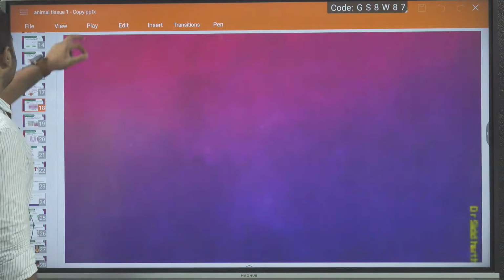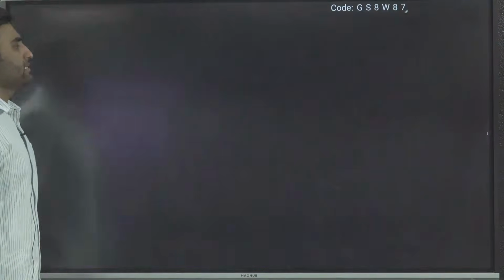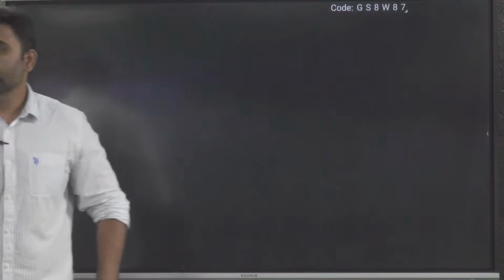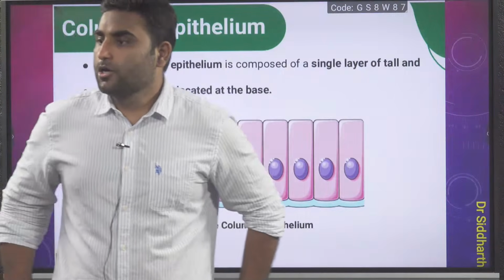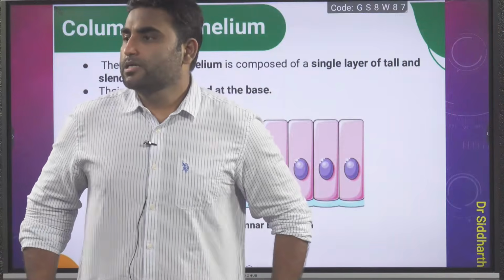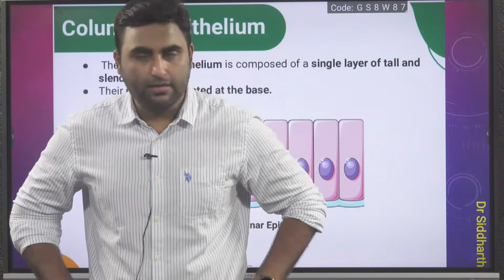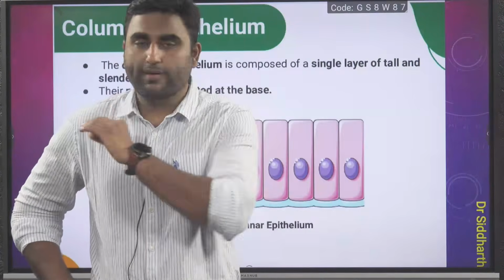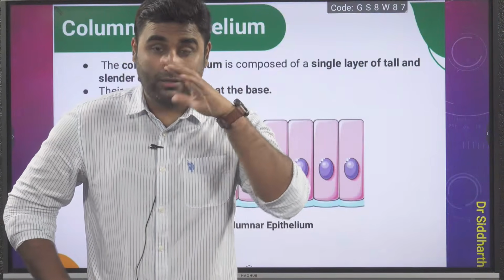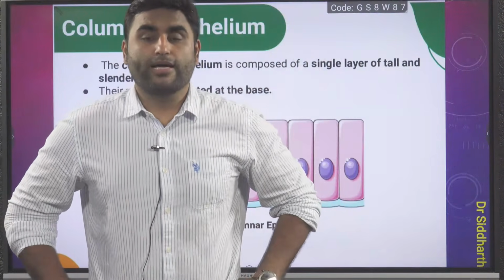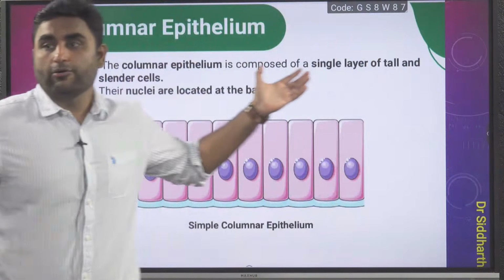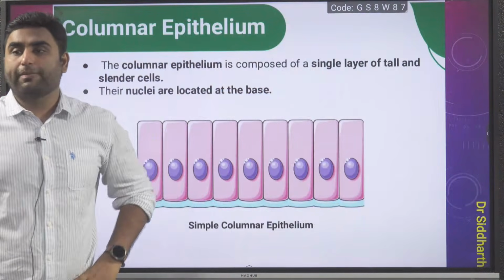So talking about columnar epithelial cells. Yes, Rinmai, thank you so much. Different classes, different topics are going on, so thanks for the reminder. Let us continue. Let us talk about columnar epithelium.